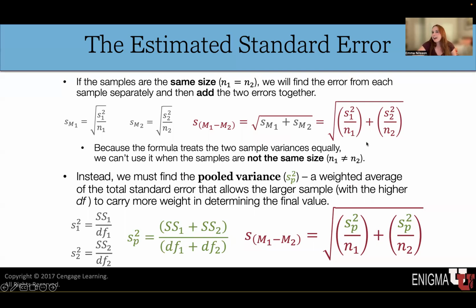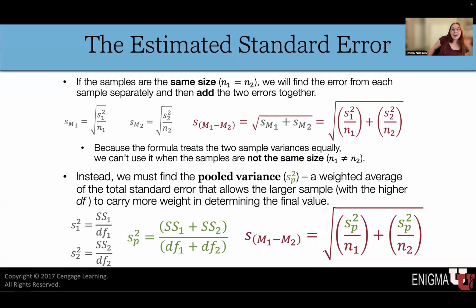And that's how we can combine them here under the same square root. And the reason we can do this is because the formula treats the two sample variances equally. Because they're the same, and we're using the sample size to determine the variance here, which is not necessary, which we've talked about isn't the best, but as a general rule of thumb is okay.